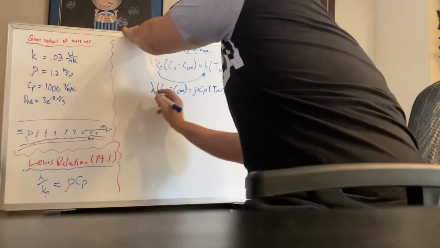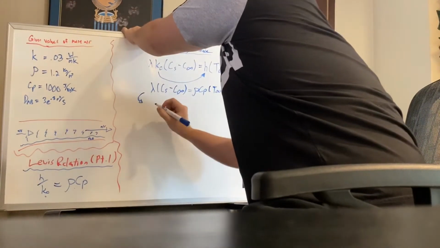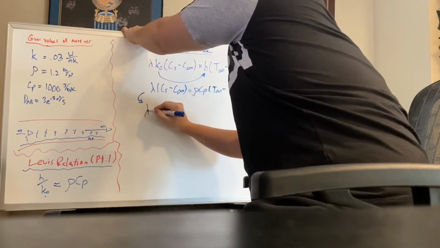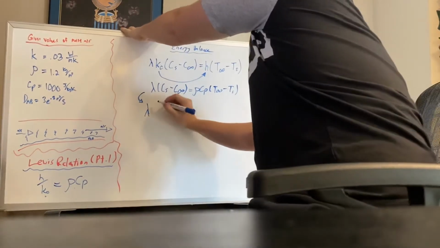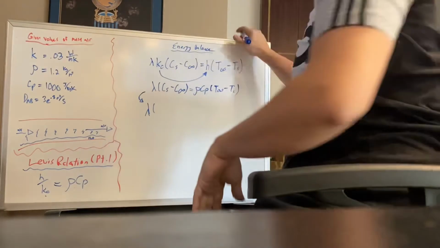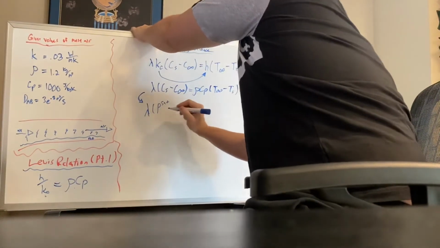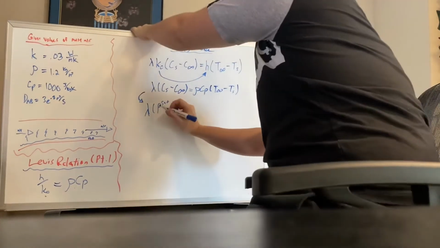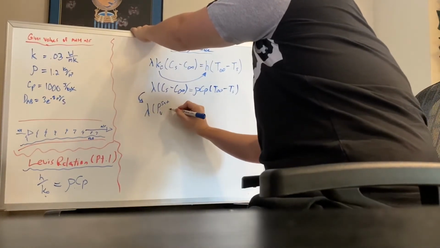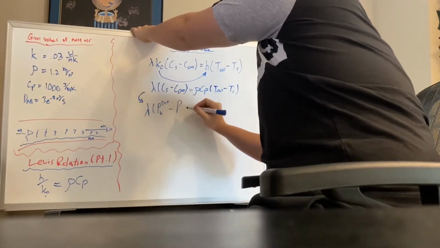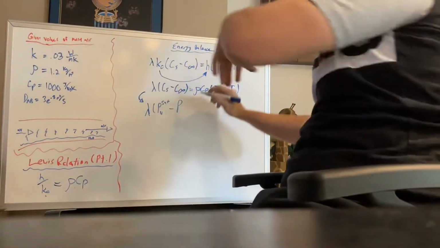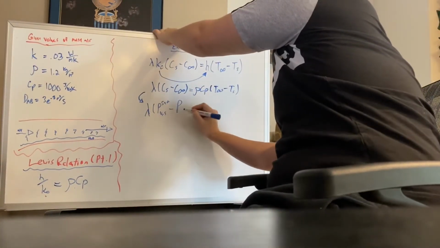This equation can be rewritten as lambda, the heat of vaporization, multiplied by the saturation pressure of water, P sat of water, at the surface, minus the partial pressure of water at some point far away.